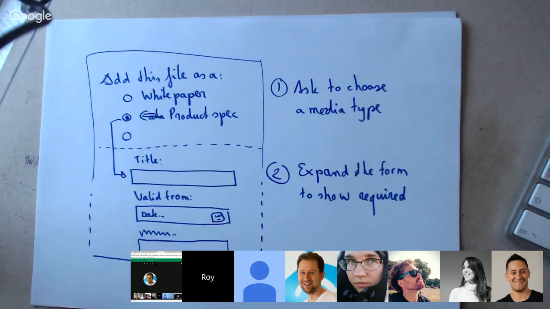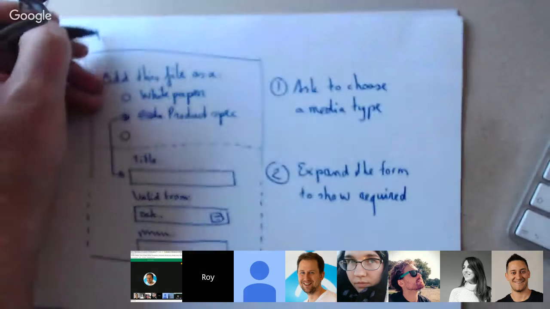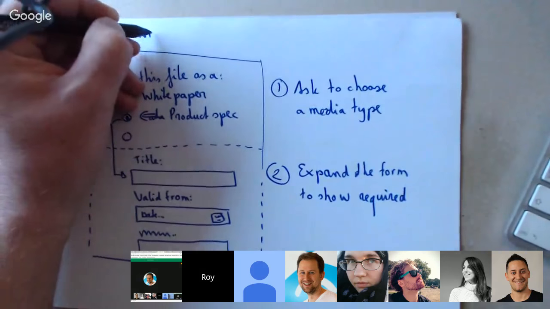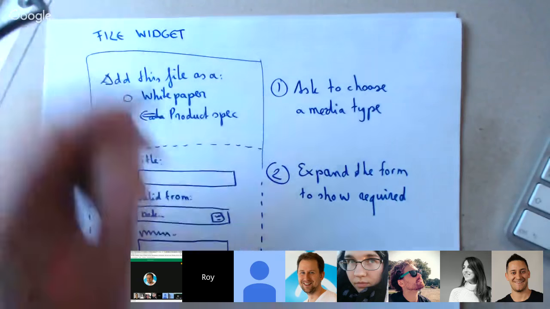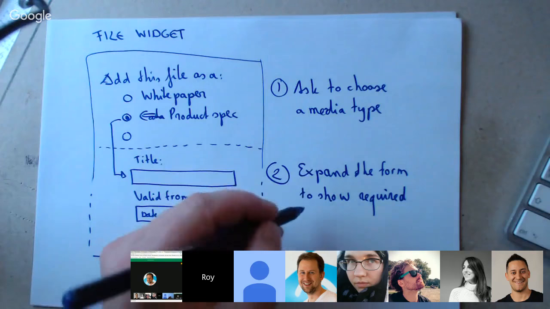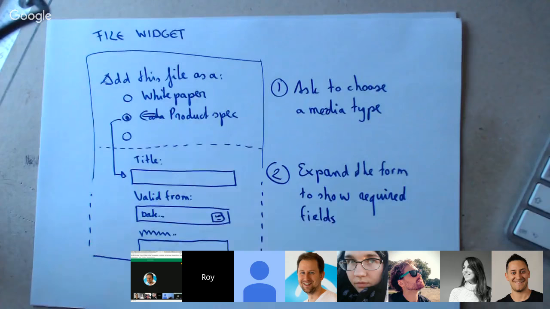We have an issue for the file widget, an issue for the image widget, and then the more generic widget where you can reselect images from the library. Those are the main three things that could use some design. For the library, there's already a lot of work being done in the UX department. So the file widget and the image widget after that are the main things right now.